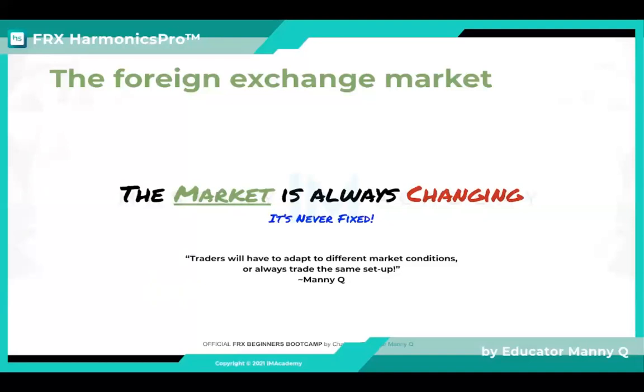So it can be very difficult for a trader to just come in and say, okay, this is exactly what's happening. And the reason why that will never happen is because the market is always changing. It's continuously changing. Everything is always changing, right? It's never fixed. You'll never be able to just look at the market and say, I know most definitely what's going to happen.